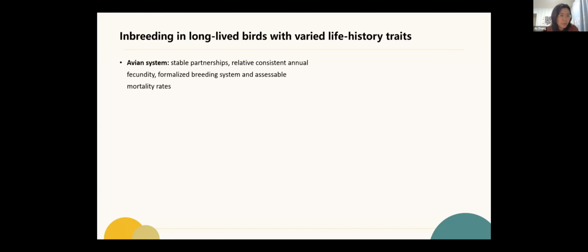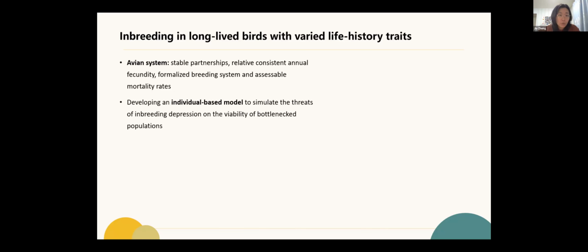The reason that I focus on the avian system is because long-lived birds normally have a long-term, quite stable partnership, and they produce a constant clutch size every year. They also, in general, have a monogamous system, and the mortality rate is acceptable for checking.